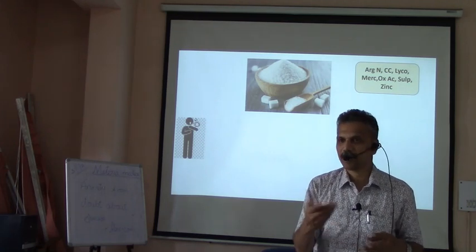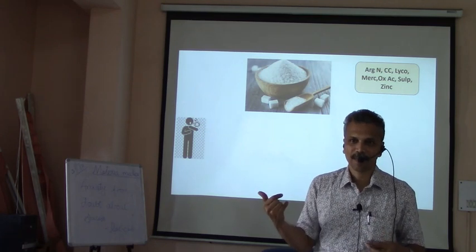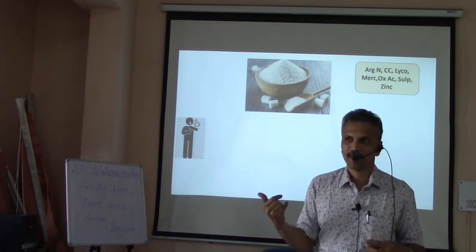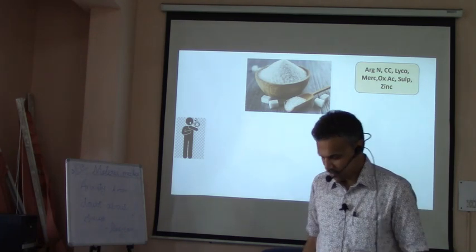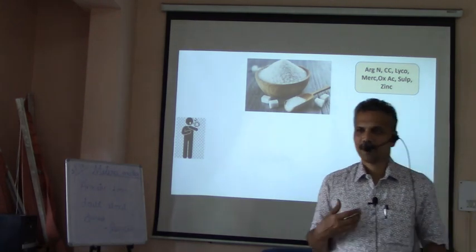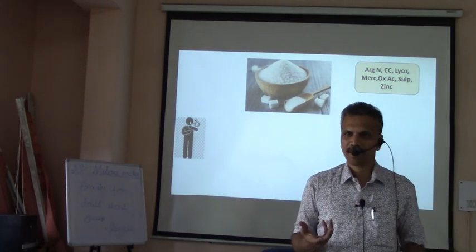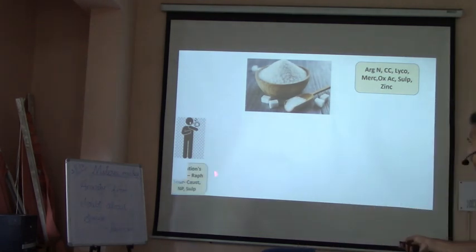Again, I did not have Raphanus. I had to purchase Raphanus for this particular gentleman. Okay. So, we generally think of Raphanus for GI complaints. Post-operative gas pains. Okay. But do think of Raphanus here.